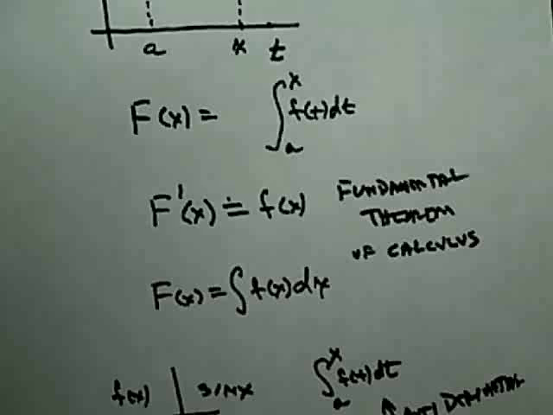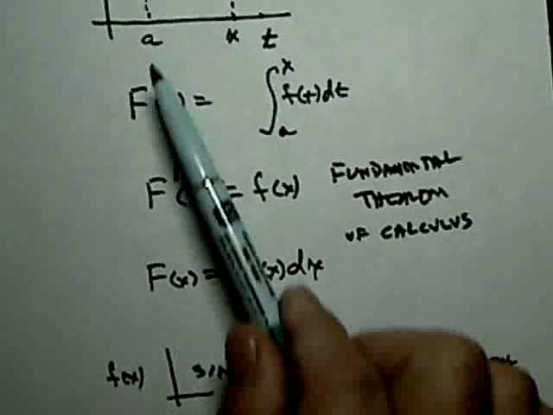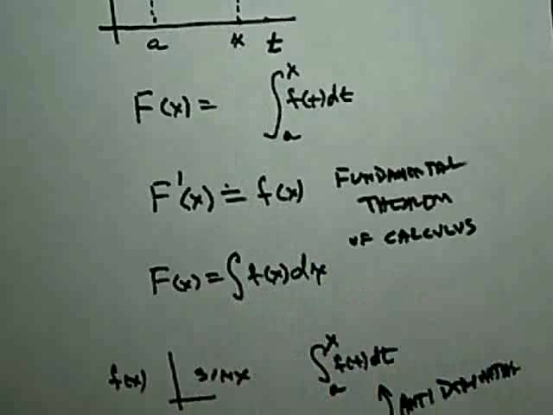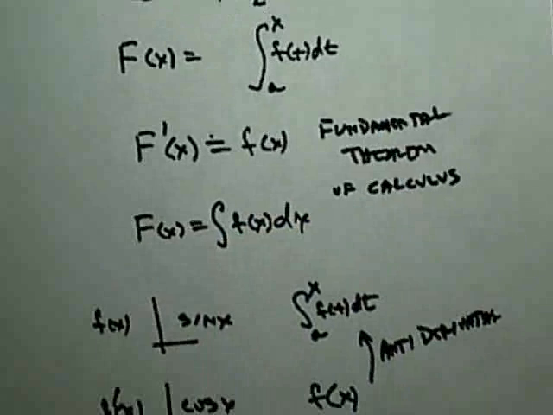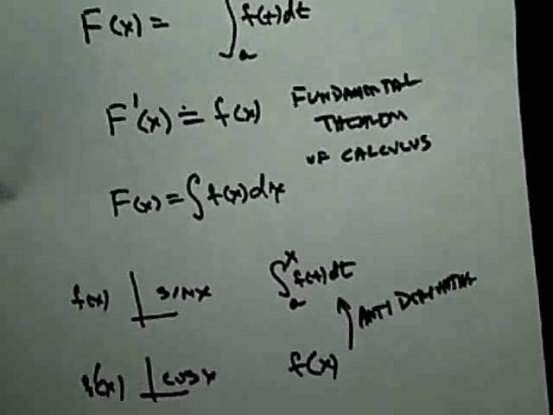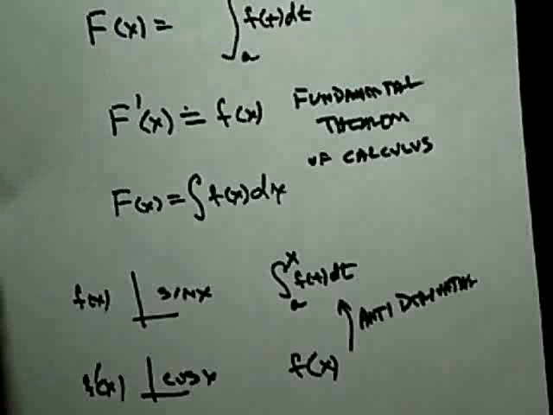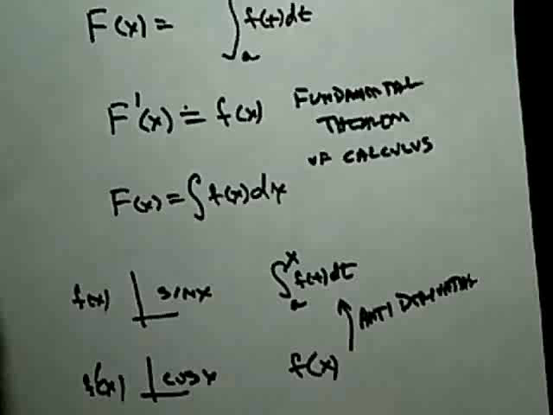So they had to have a way of evaluating these integrals without trying to calculate 1,000 little rectangles and add them all up. And this was the key to that. That's what I wanted to tell you about in this video: this was the key to our modern science and technology.